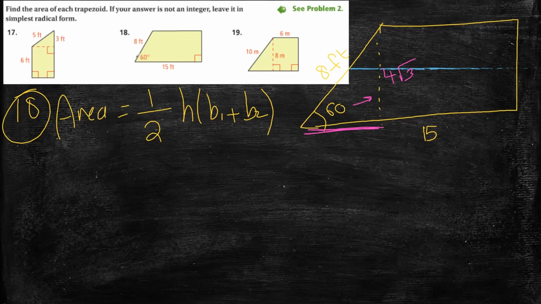Now I need to find the length of the base. To find the length of the base, I need this one. Let's name it B. How can I find it? The length of the second base here is 15. So if I know now the length of y, which is the base of this triangle, can I say 15 minus y equal b?